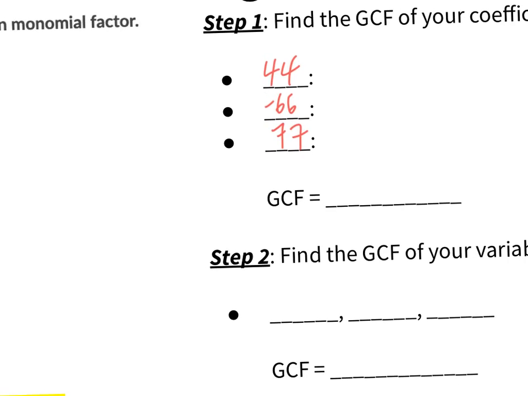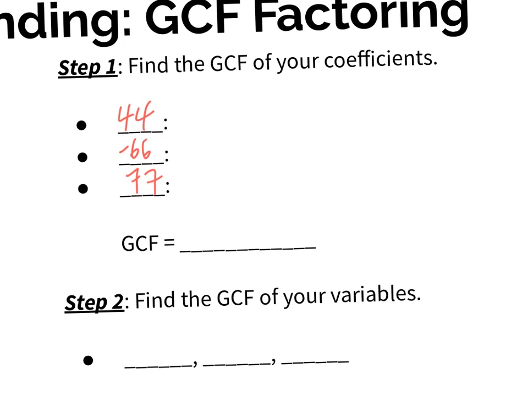I'm just going to think about what my factors are, so I can find my GCF. When I think about the factors of 44, I think of 1 and 44. I always know 1 and the number itself are going to be factors. 2 definitely goes into 44, 2 times 22 is 44. And 4 times 11 is 44, because I know that trick about multiplying by 11, it gives me the number twice.